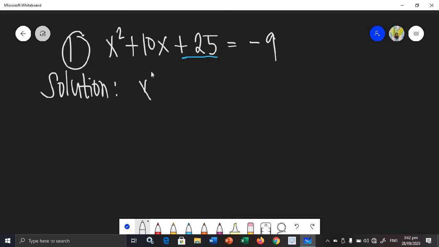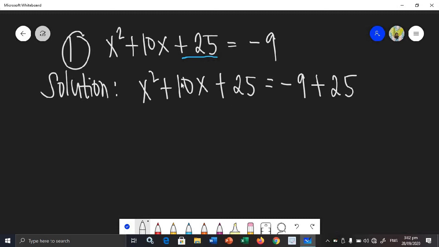Gets nyo ba yun? So, x squared plus 10x plus 25, di ba? Dito sa right side, i-add din natin si third term, lagi. Okay? Plus 25 din siya. So, x squared plus 10x plus 25 is equal to negative 9 plus 25. Ganyan na yung mangyayari sa equation natin.